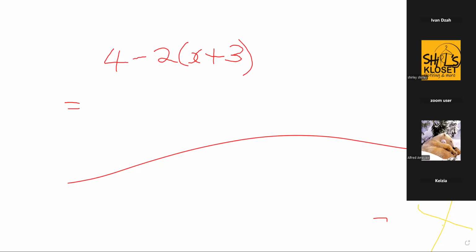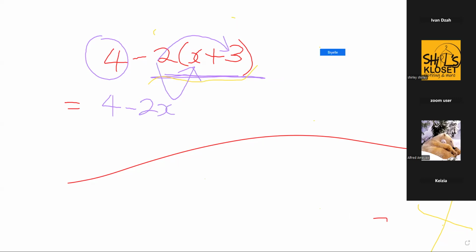Okay, let's look at it. So how many terms are there? 2. The first term is what? 4. Good. So the first term is single, so you leave it out. The second term is what you are going to expand. You only expand a term. Now, how do I expand? You multiply each of the 2 terms in the bracket. So minus 2 times x is what?